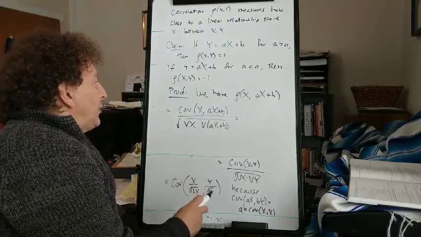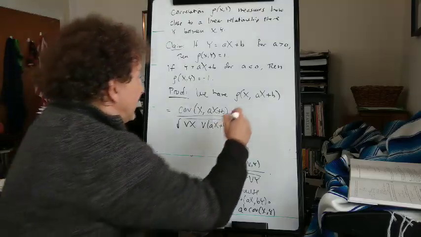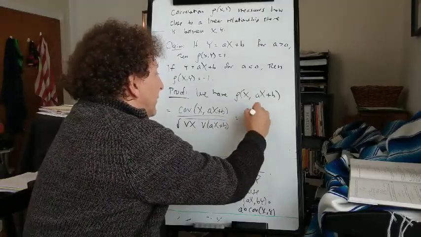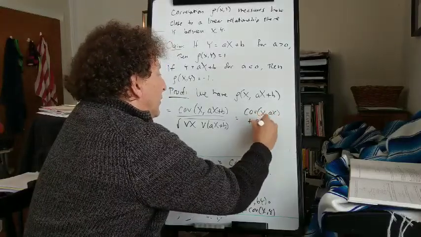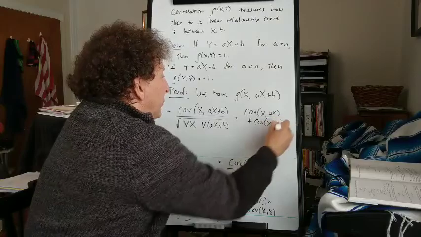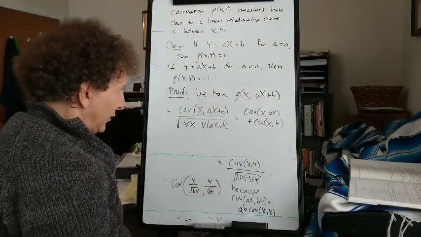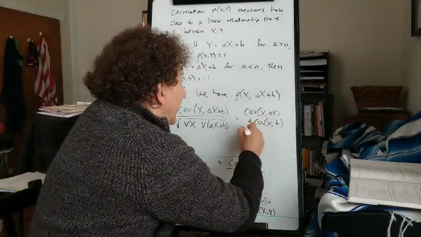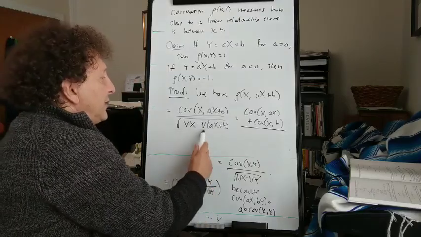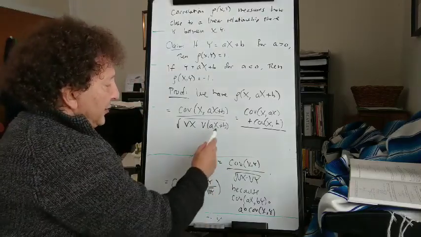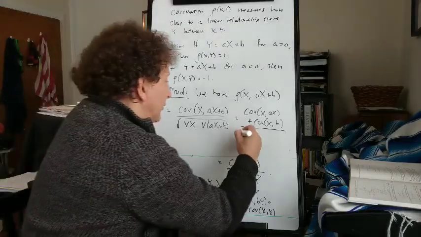Now if we have the covariance of x with this plus that, we can write this as a sum of two covariances. This is the covariance of x with ax plus the covariance of x with b. We split up the ax plus b because that's how covariance works. And then in the denominator, for the variance of a number times x plus a number, we can get rid of the additive part and pull out the constant. It becomes squared on the outside.